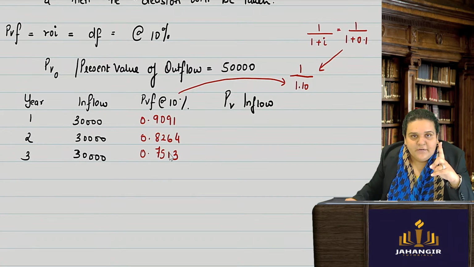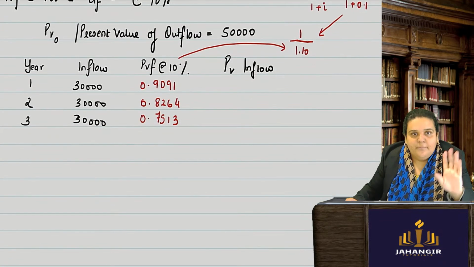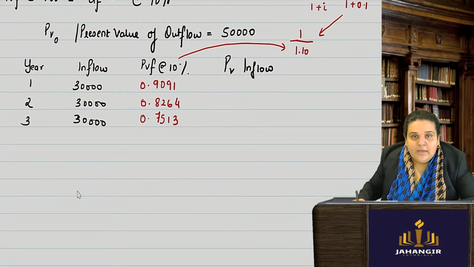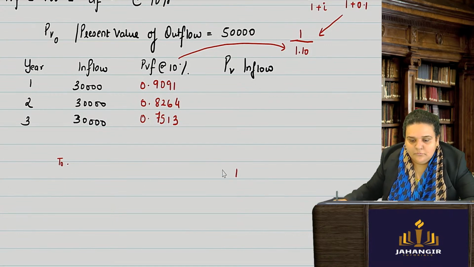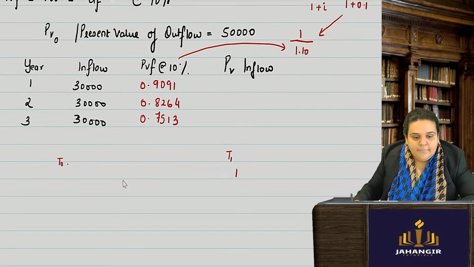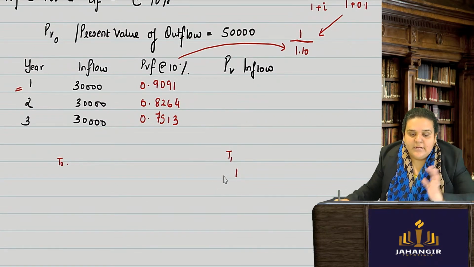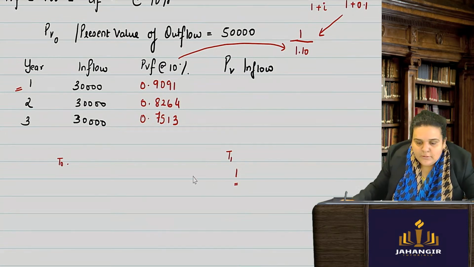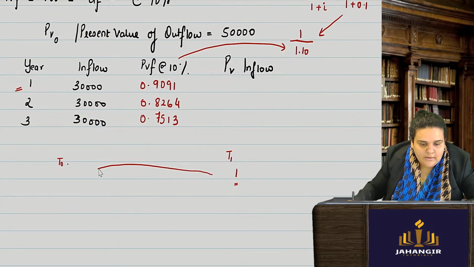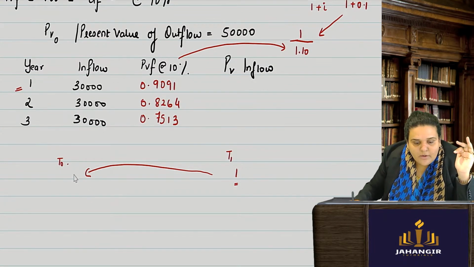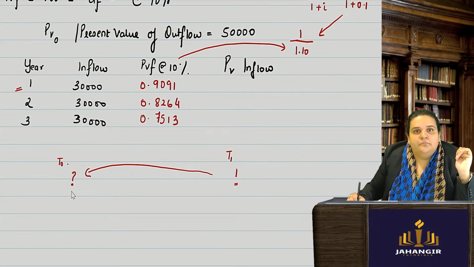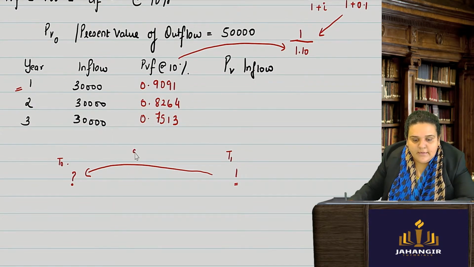Let me give you one example. This is today, and this is tomorrow, after 1 year, T1. In year 1, you are going to get 1 rupee. Tomorrow I am going to get 1 rupee, so what is the value today, discounted at the rate of 10%?